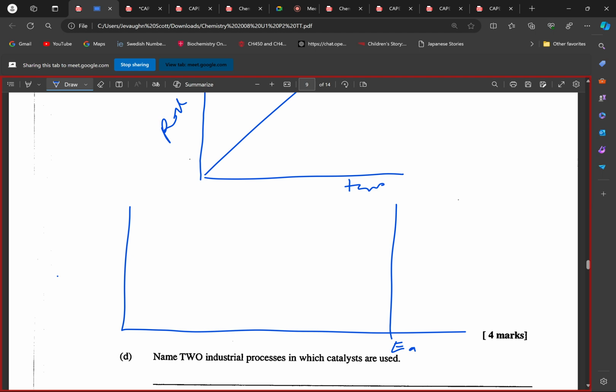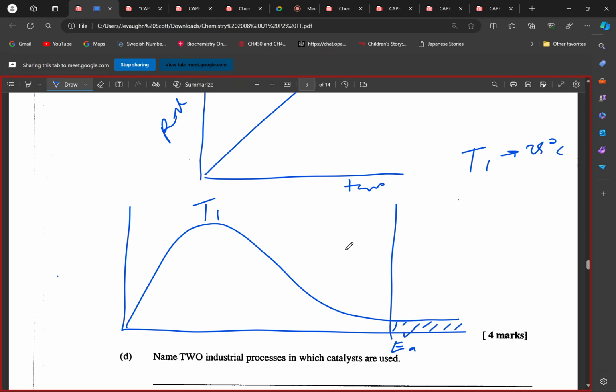So let's say that we have an initial temperature, let's call this initial temperature T1, and let's say that T1 is around 25 degrees Celsius. So this shaded area now will be the amount of molecules that have reached sufficient activation energy and will give us successful collisions, right?